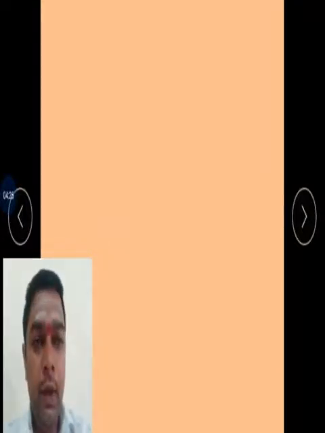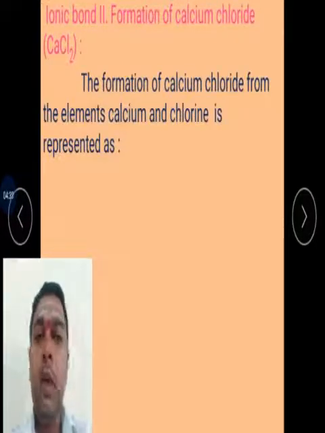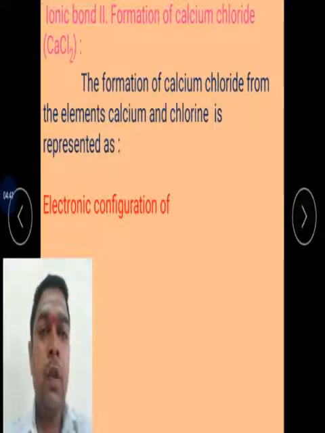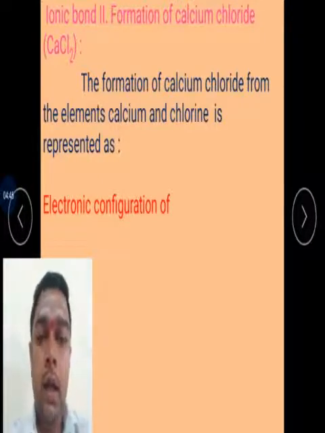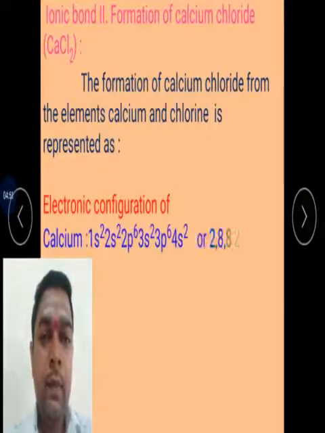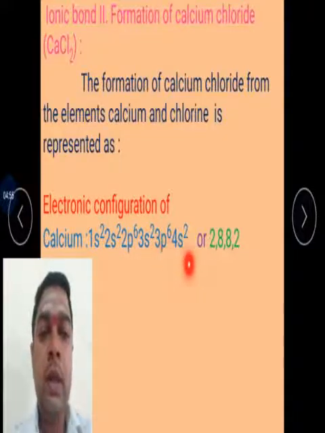The second compound is the formation of calcium chloride. Calcium chloride is another example of an ionic compound. For its formation from the elements calcium and chlorine, the electronic configuration comes first. The atomic number of calcium is 20 and of chlorine is 17. Calcium is 1s2, 2s2, 2p6, 3s2, 3p6, 4s2.